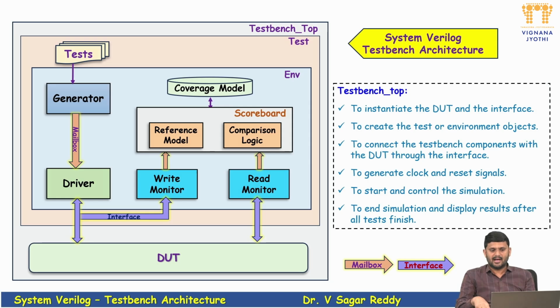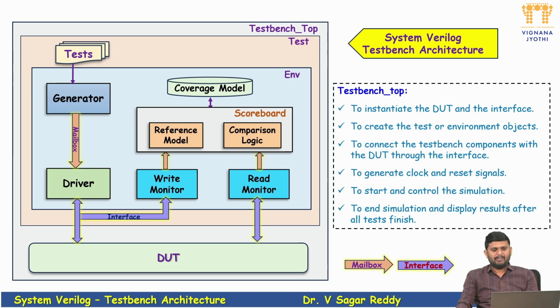It also starts and controls the simulation, triggering the initial sequence of events, and ends the simulation and displays the results after everything completes, giving you the final pass or fail result. So the Testbench top is the main function of your verification program. Everything gets created here, everything runs from here, and everything reports back to here.